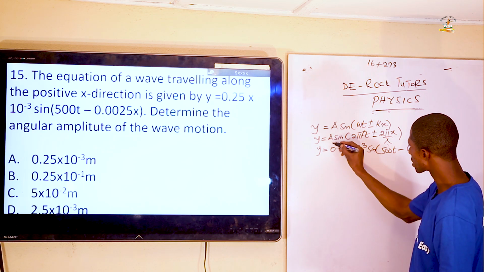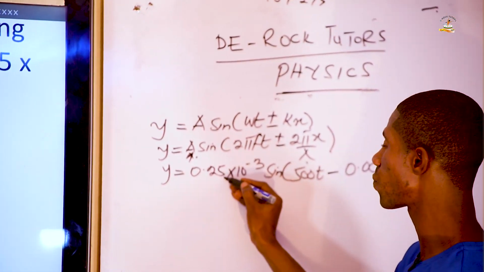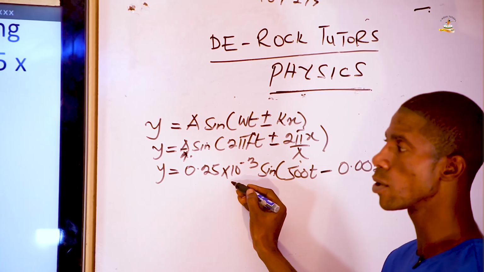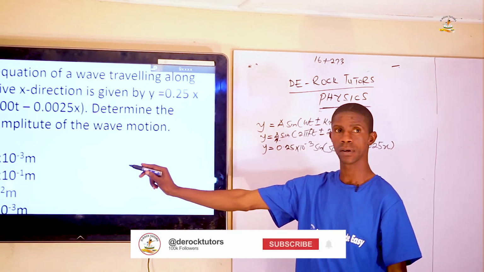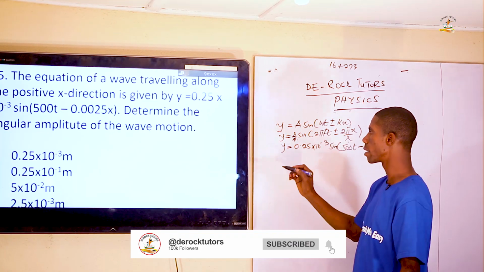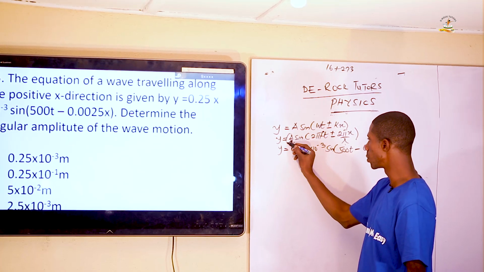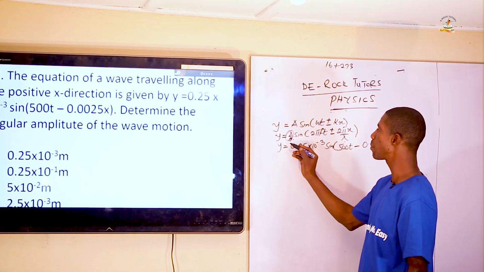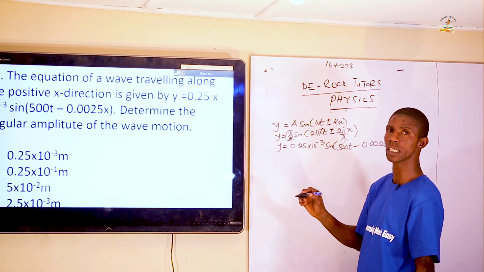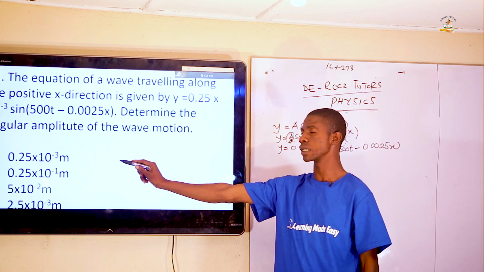So the amplitude here is 0.25 multiplied by 10 raised to the power minus 3, in meter, because the unit for amplitude is meter. And amplitude gives us the maximum displacement of a body from rest. So the answer to that question is A.